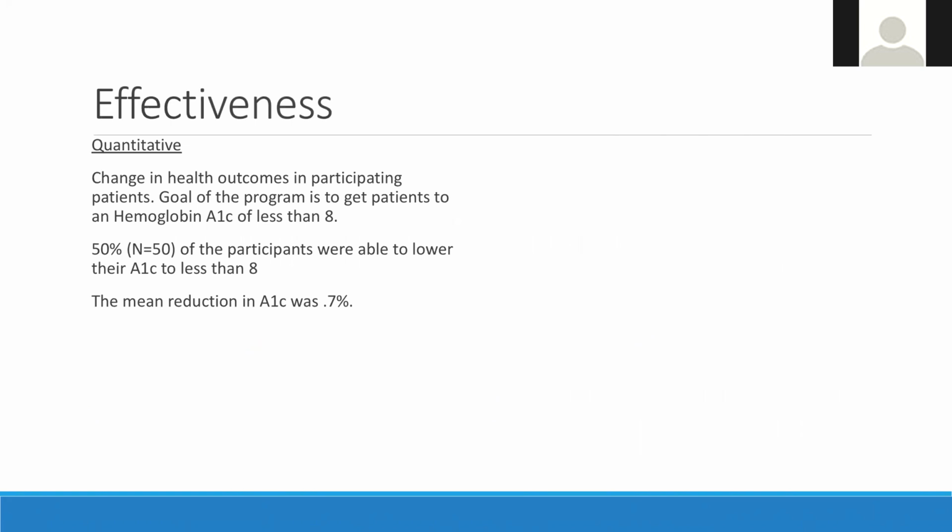So the goal of the program is to get patients to have their hemoglobin A1C less than 8. So 50% of the 100 participants were able to do that. I'm being very positive. That's probably not happening. But the mean reduction overall was 0.7%.